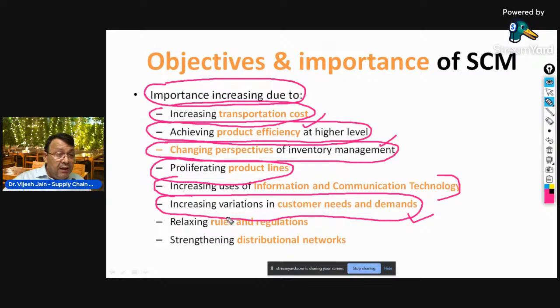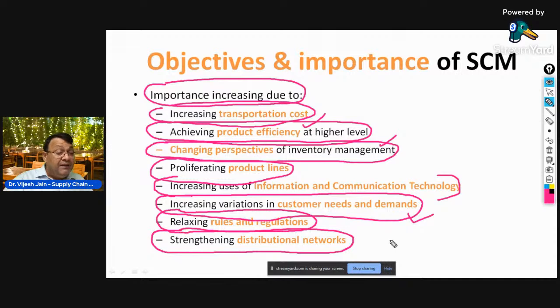and also the relaxation of the rules and regulations for international trade by most of the countries that are members of the World Trade Organization, and need for strengthening the distribution networks.